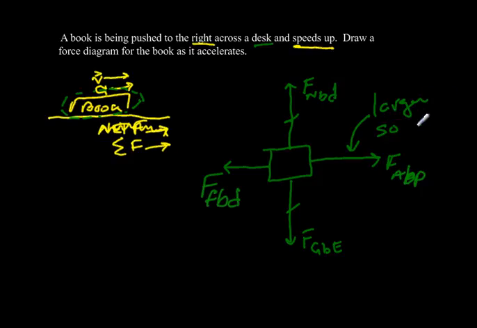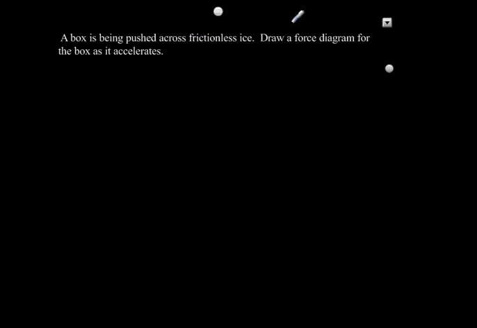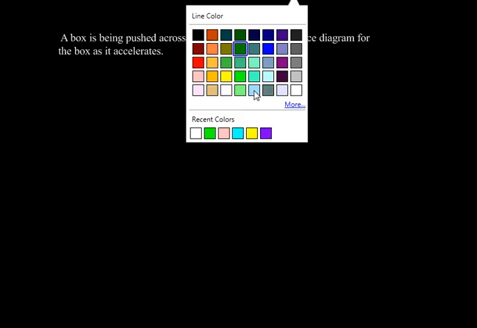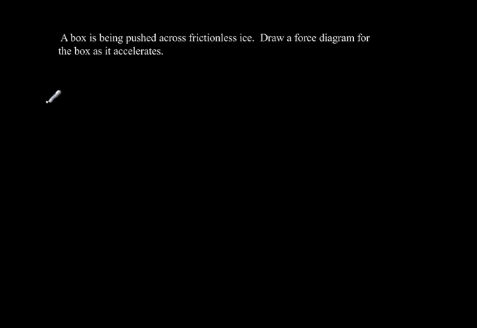Okay, so we're accelerating and we have a net force in that direction. Moving on to the next example. A book is being pushed across frictionless ice. Draw a force diagram for the box as it accelerates. So a little bit different here. So I'm going to draw a book being pushed across frictionless ice.